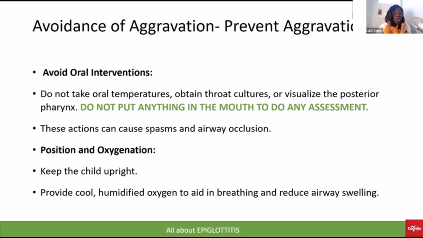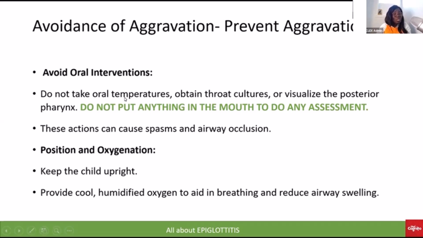We have to put off any examination, because if you're going to do anything to the oral cavity, get into the airway, you might cause a lot of spasms and cause airway occlusion, which will be fatal to your client. So please, please, please never fall for this. Do not put anything in the mouth to do any assessment in that child who has been diagnosed with epiglottitis.